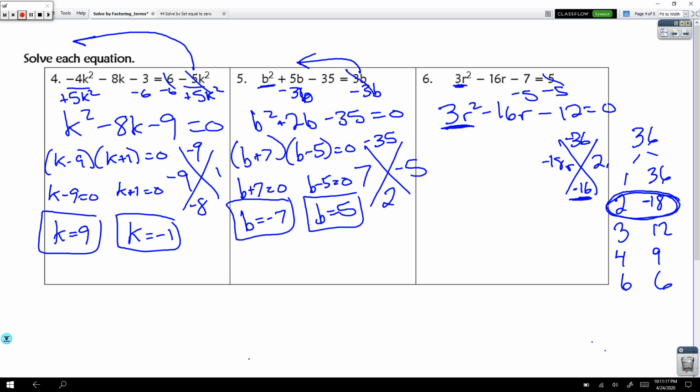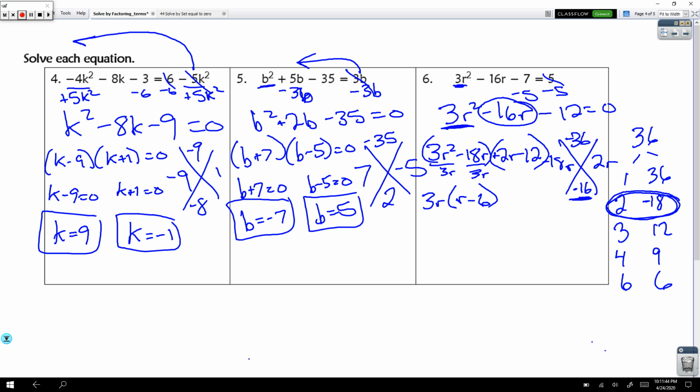Slap some r's on those guys, and then I want to replace the middle. So 3r squared minus 18r plus 2r minus 12. Do your grouping. Alright, the GCF of the first two terms would be 3r. Divide. So that would leave me with r minus 6.